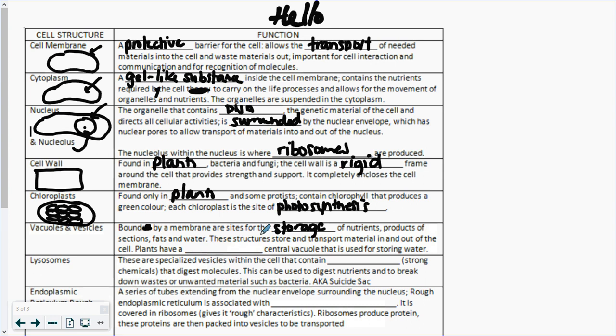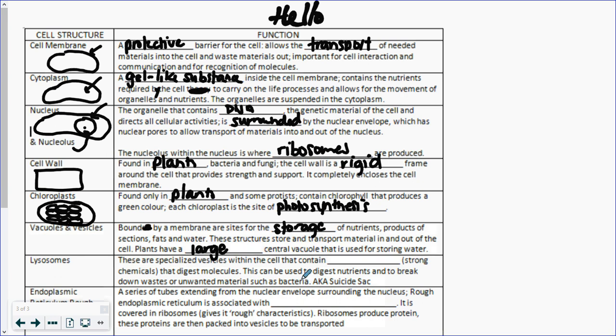These structures store and transport material in and out of the cell. Plants actually have a large central vacuole. So we saw on the diagram that it has a really big vacuole right in the middle that's used for storing water. We know that plants have a really big dependency on water, and little changes in water can have a significant impact on a plant.